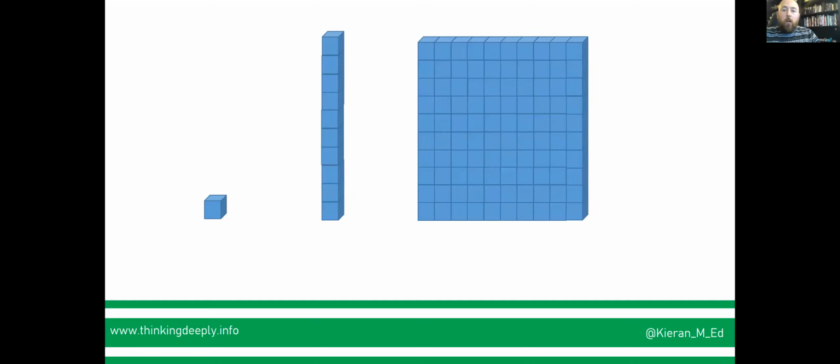So if we think about base 10 equipment, we will be looking to explore the relative magnitude between ones, tens, and 100s. I think we get diminishing returns after a while, but we can explore the relationship between 1 and 10, where we've got 10 ones.